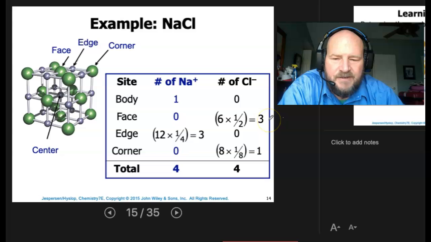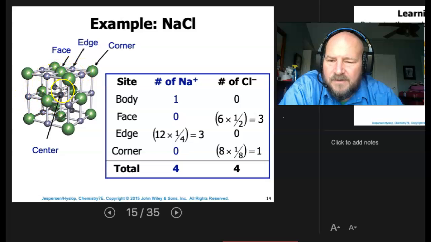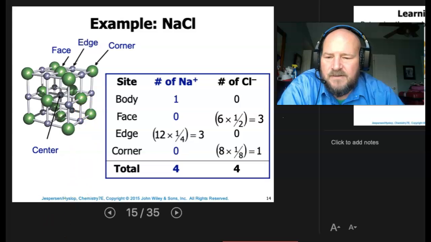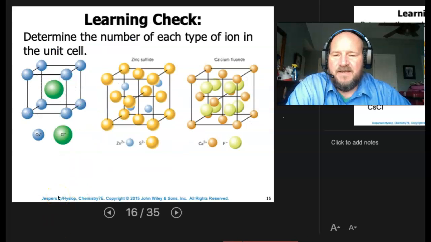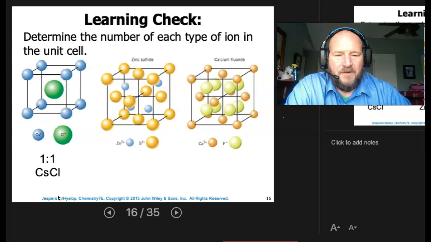That gives us 3. All right, on the edges, we have our sodiums, 1, 2, 3, 4, 5, 6, 7, 8. All right, so determine the number of each type of ion in the unit cell. All right, so for cesium chloride, we've got 1 to 1.